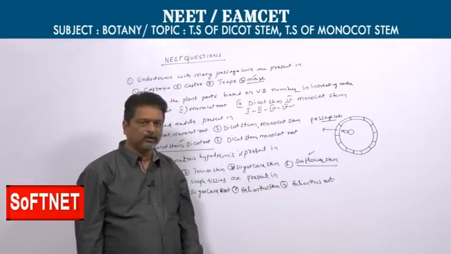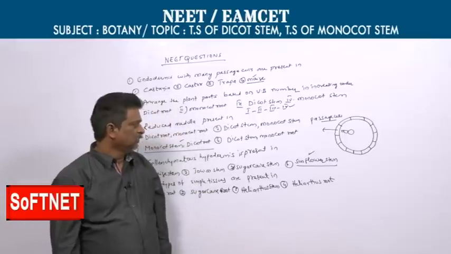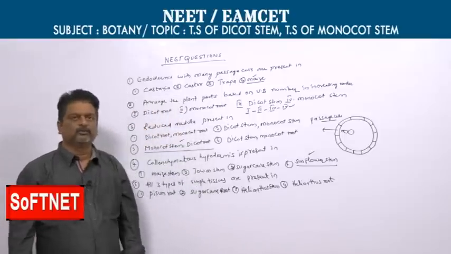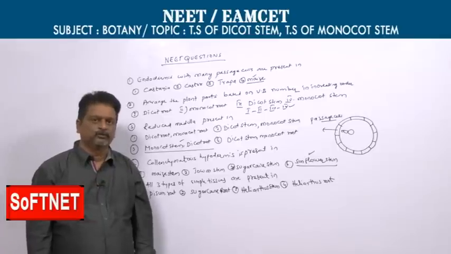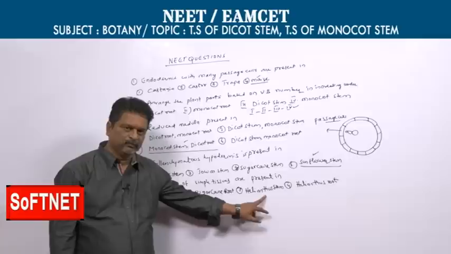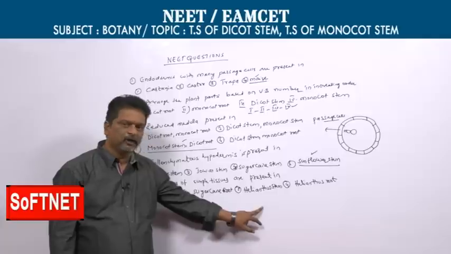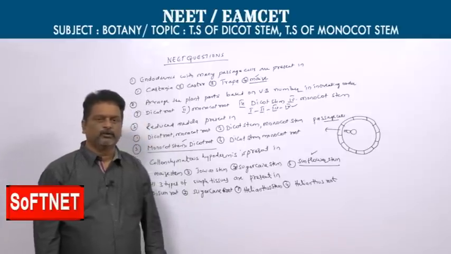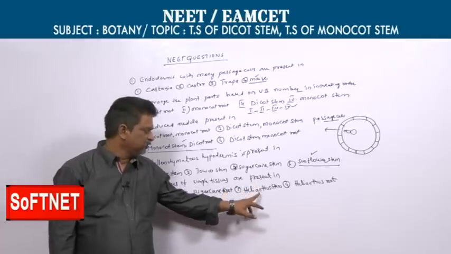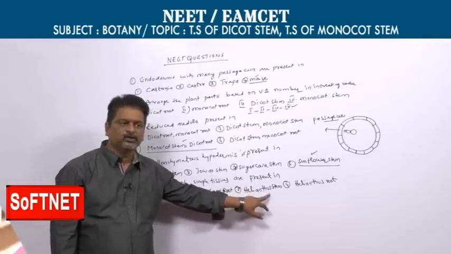So, these 3 are not correct. If you take Helianthus stem, epidermis, even cortex is parenchymatous. Then hypodermis is collenchymatous. Pericycle is sclerenchymatous. So, all 3 types of simple tissues are present in Helianthus stem.